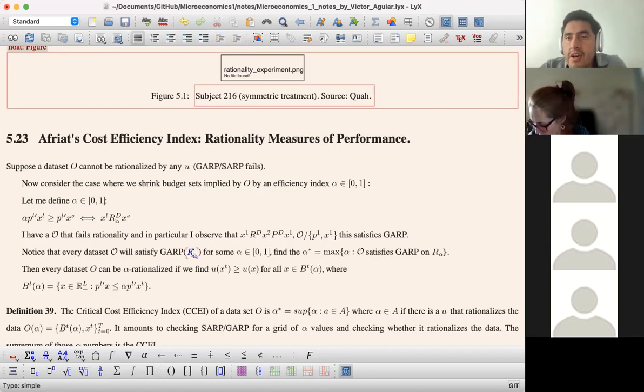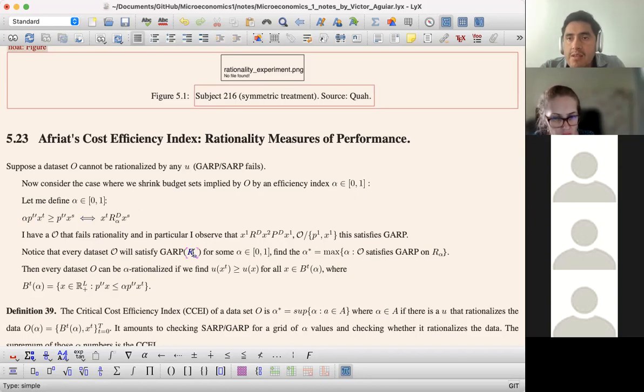Empty preference relations are acyclic, so they satisfy GARP vacuously, okay? So that means that since this is continuous, since it always passes with 0, there can be other numbers, right? And if you're rational, this number is 1, that will satisfy the GARP.